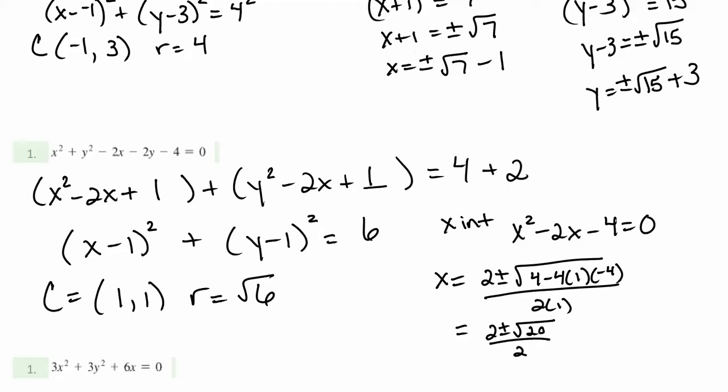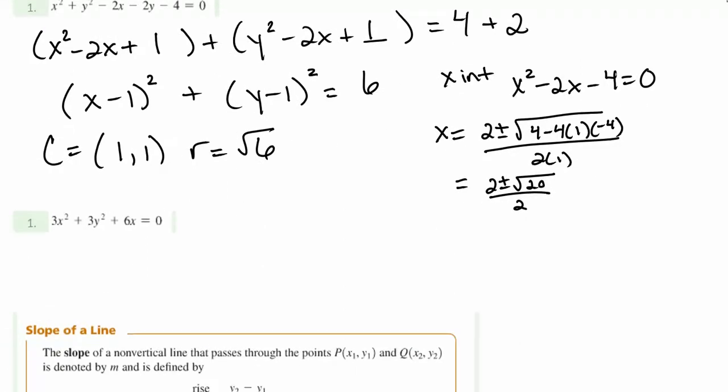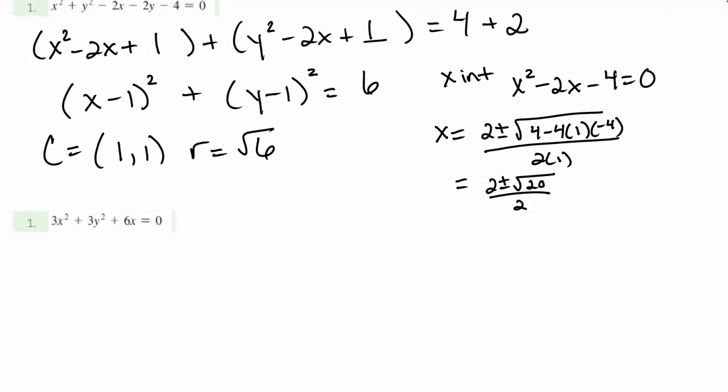And let's clean that up a little bit. Okay, 20 is 4 times 5, and the square root of 4, of course, is 2. So this is 2 plus or minus 2 times the square root of 5, over 2. And remember, 2 divides into each of these. So this is 1 plus or minus the square root of 5. Okay, those are your x-intercepts.